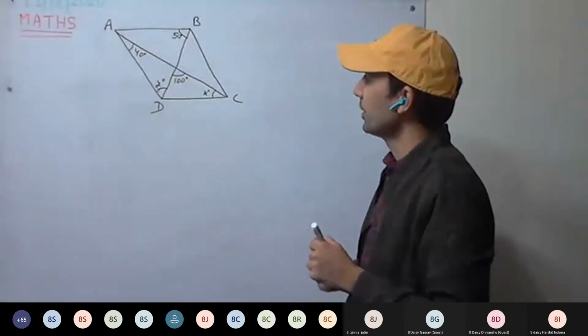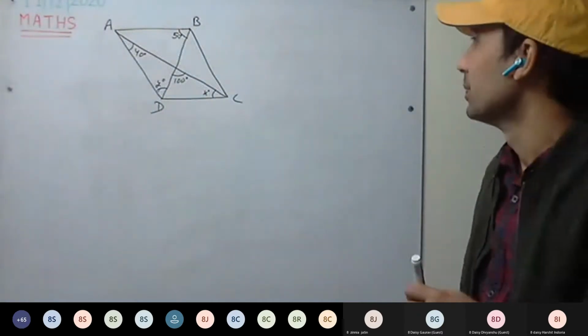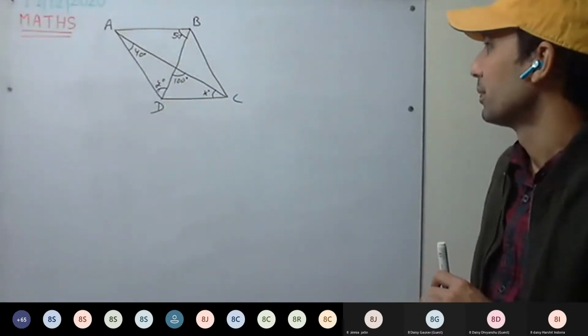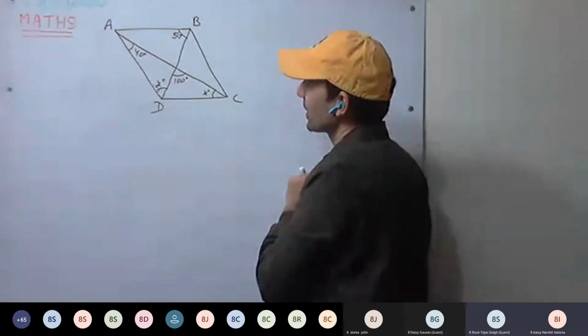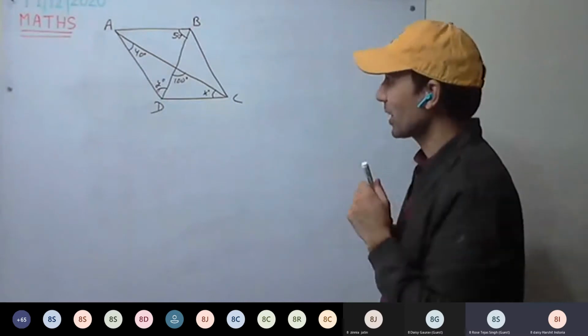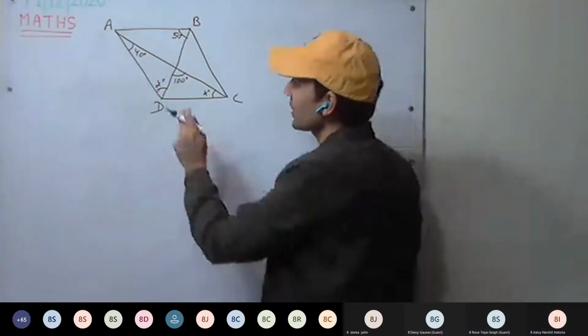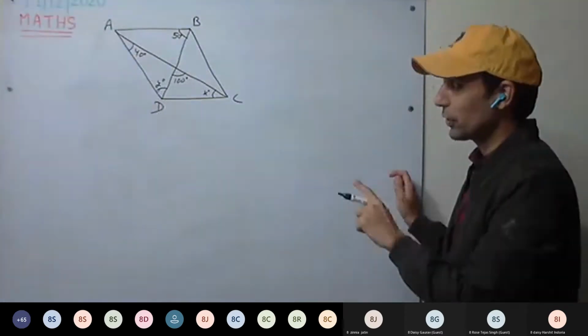How can we find it? Sir, y is 100 degree, because alternate angles are equal. Okay, see here, you are taking AC and AD as alternate angles.